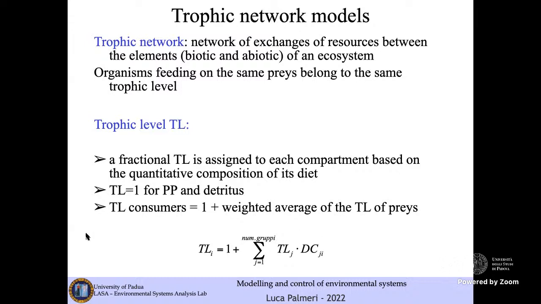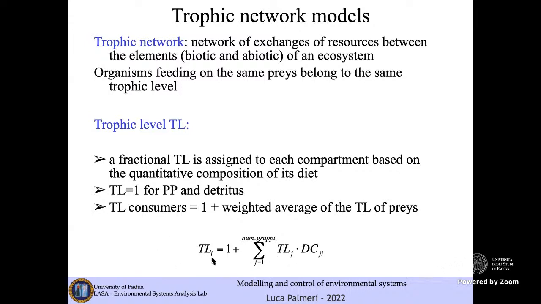The average is weighted in terms of the flows from the prey onto the compartment of predators. The trophic level is averaged by the importance or magnitude of the flows between the different compartments. Here I'm trying to explain how the trophic level is calculated.